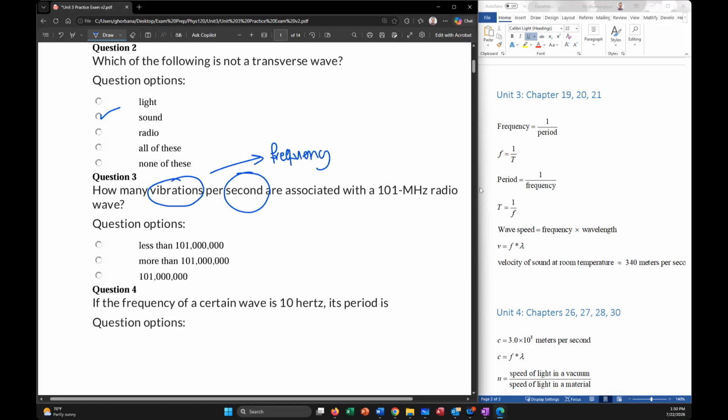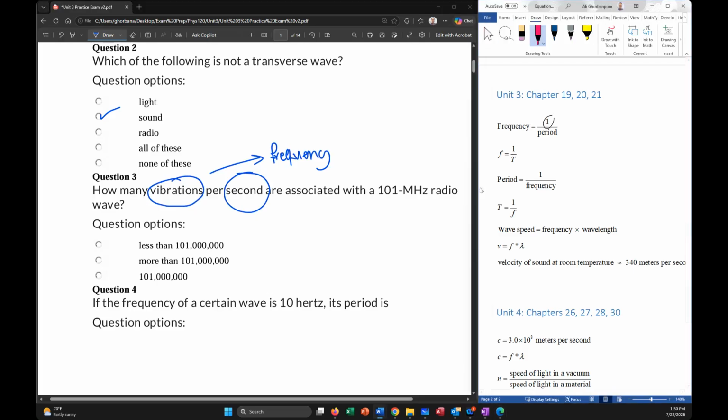As you can see, the frequency formula is one vibration over the time period, or we can define it as the number of vibrations over time.